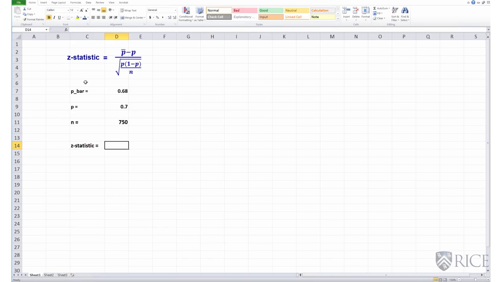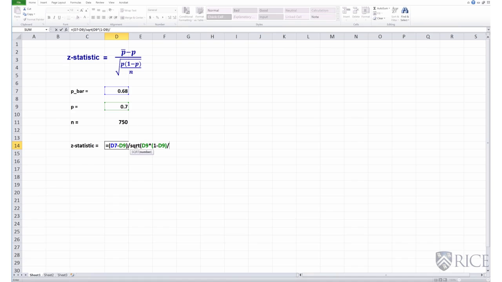is calculated as p bar minus p. So, my sample proportion minus the population proportion around which I wish to test the null hypothesis, divided by the square root of p times 1 minus p divided by n. So, the square root of p, which is the population proportion, times 1 minus p, divided by the sample size.